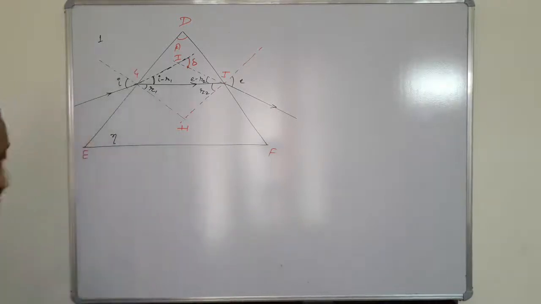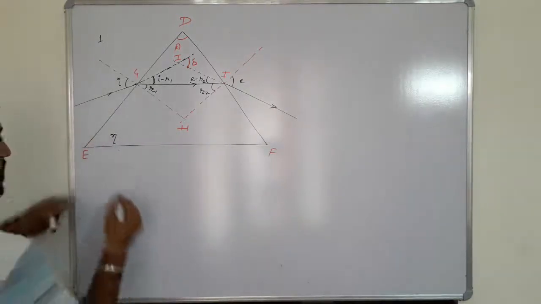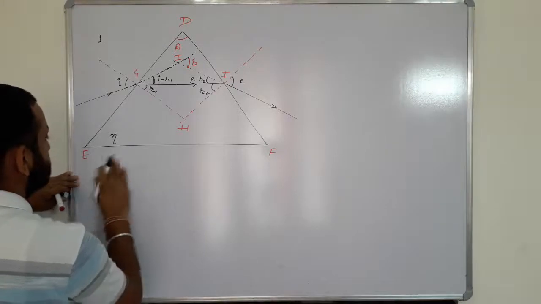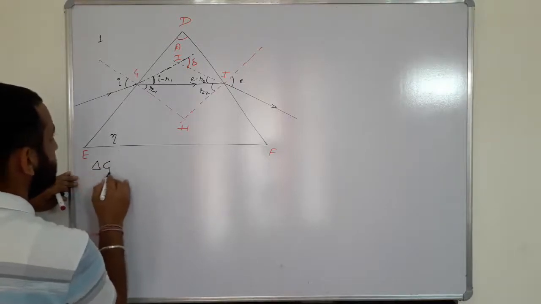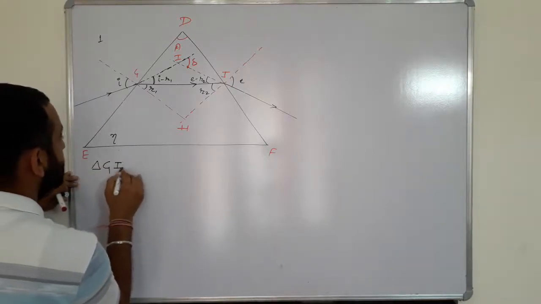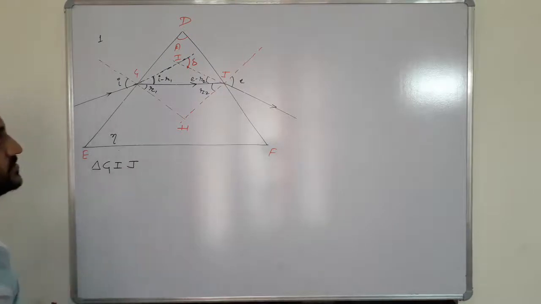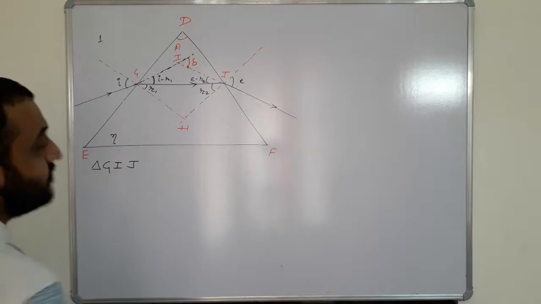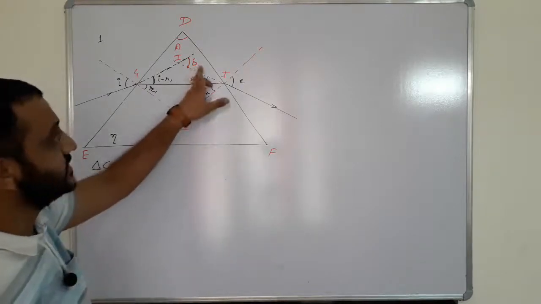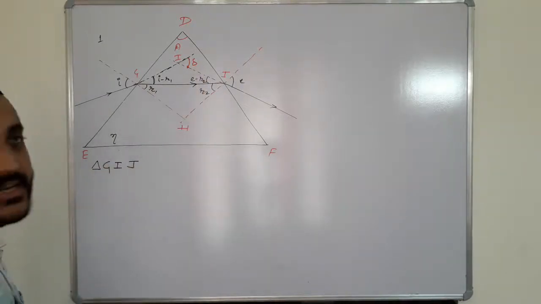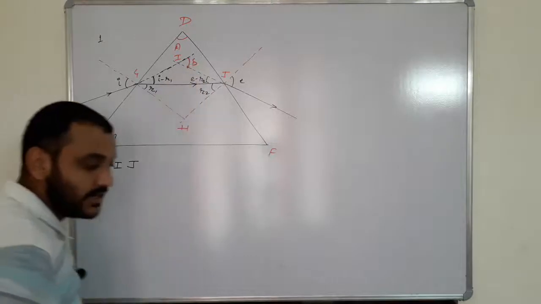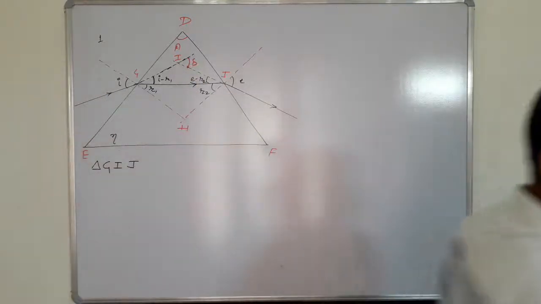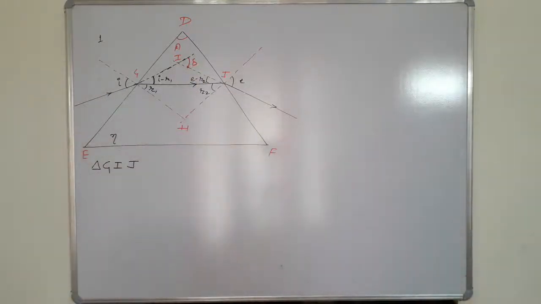Now see triangle G, I, J. In this triangle, if you observe, delta is the exterior angle, and we know that the exterior angle is equal to the sum of the opposite interior angles.